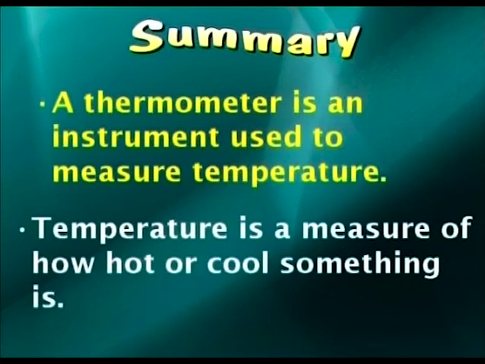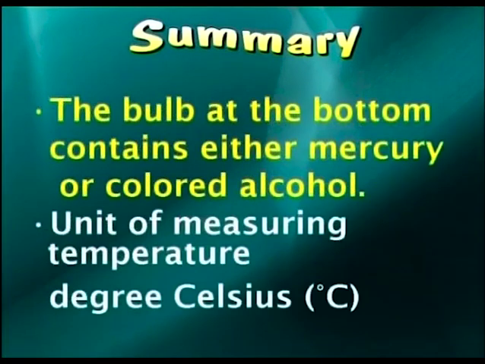And the next summary points. The bulb at the bottom contains either mercury or colored alcohol, and the unit used for measuring temperature is degrees Celsius.